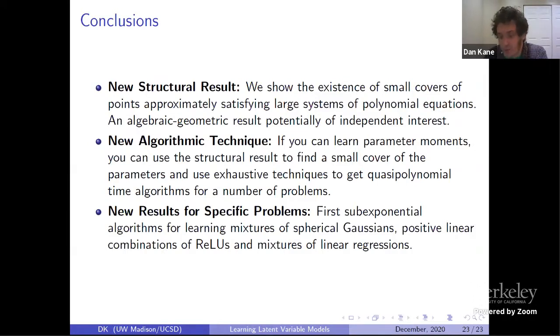And the proof technique for this proposition gives d squared. It wouldn't be surprising if there was an improvement, but it took enough work to get what I had that finding this improvement, which would improve your algorithms from k to the log squared k to k to the log k, didn't seem worth it.